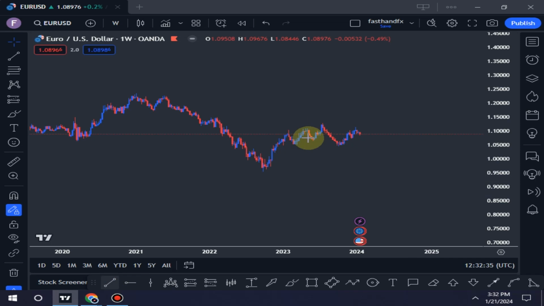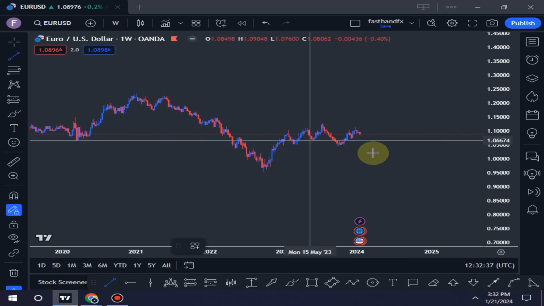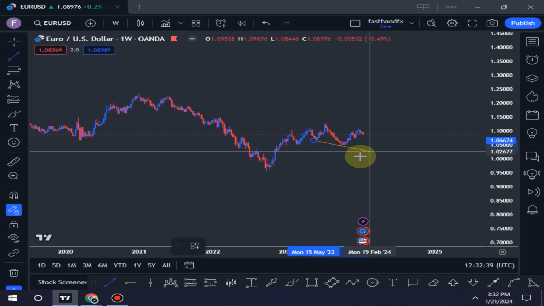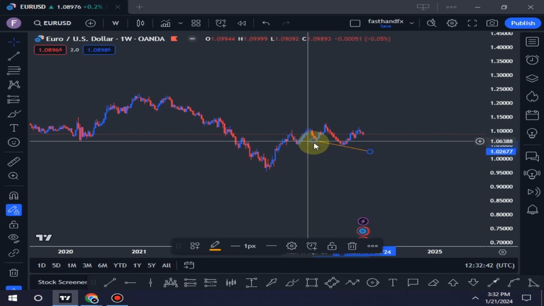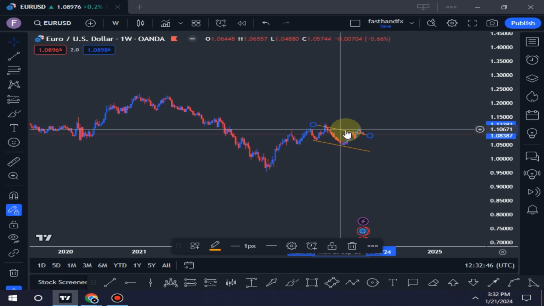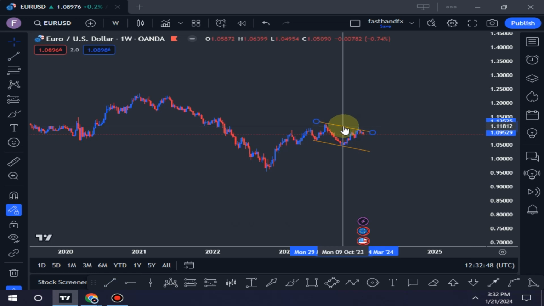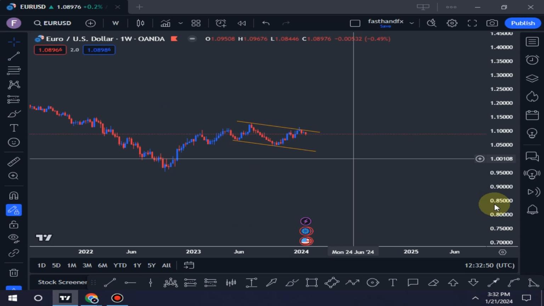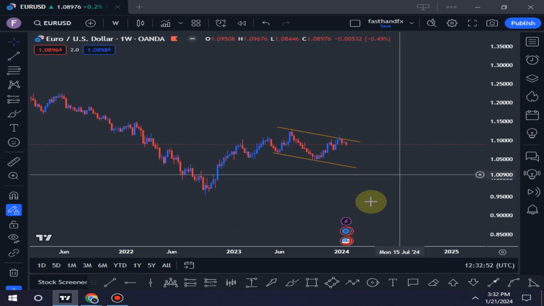Basically, we are in the weekly, and somehow I did figure out that this was kind of a bullish flag, a bigger version. If we try to clone this, something like this, okay, this somehow makes sense for me.